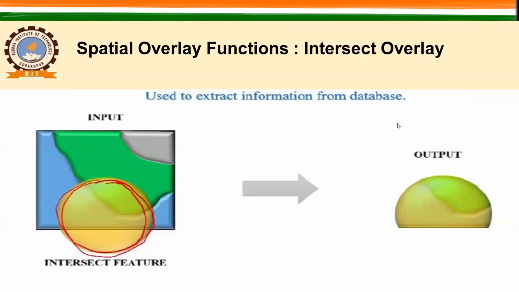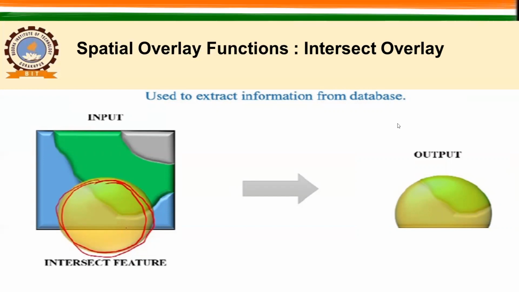Now the next one is intersect overlay. It is used to extract information from the database. Here, intersect means it will give you only that layer you can see. Here you can think of one application. You have a land use, land cover map from an agency, maybe let us say from NRSC.